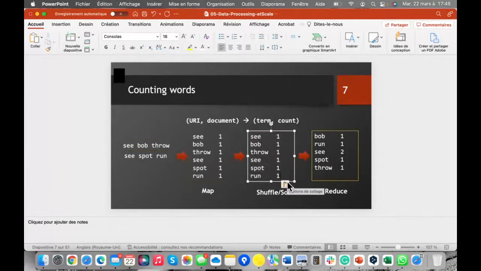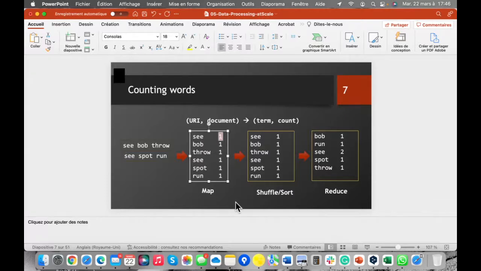Right. So in the implementation we have seen, this is the mapper. It receives a text, and for every term it gives a 1. This is the tuple's key, and this is the value. And it produces this.